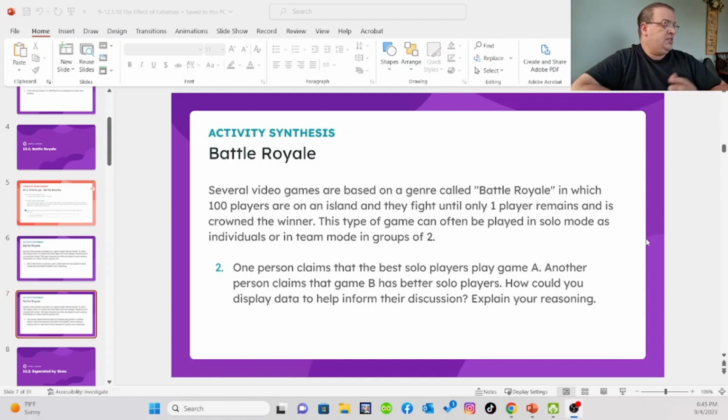So regardless of how you decided to pick a statistic and present it, I wouldn't say there is a correct answer. I would say, did you argue your case correctly in how you presented which one you chose and why you think that determines one is better than the other? So that's one thing to keep in mind about statistics.